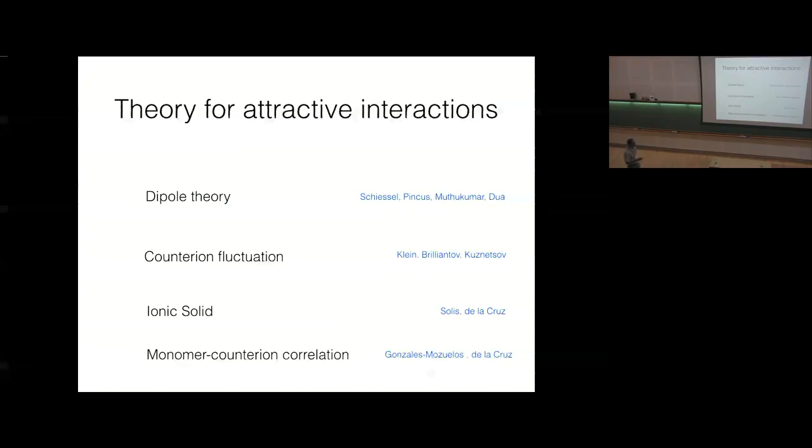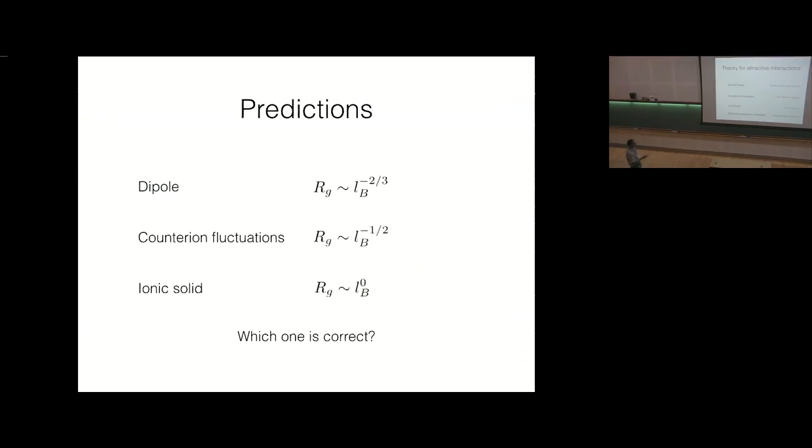But what I'd like to figure out is whether there's a more quantitative prediction which can be tested. It turns out there is one, and that is a prediction for the radius of gyration, Rg. In the collapsed phase, these theories predict different scaling power laws for the radius of gyration with Bjerrum length.